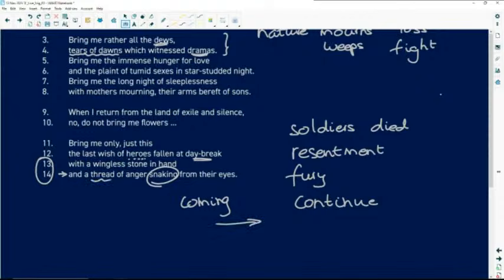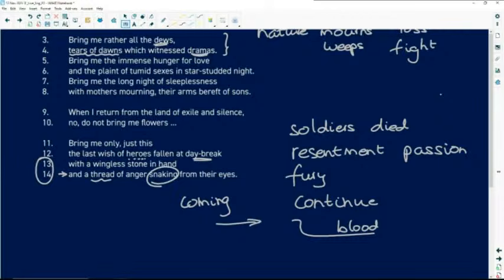It's a thread of anger. So it's almost like an image of a thread of blood, because anger is also the idea of red, which will continue, which will go on, and their passion. Passion isn't only love, it is intense emotion.